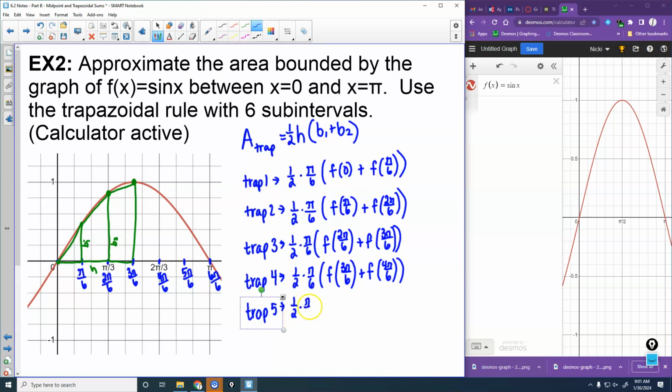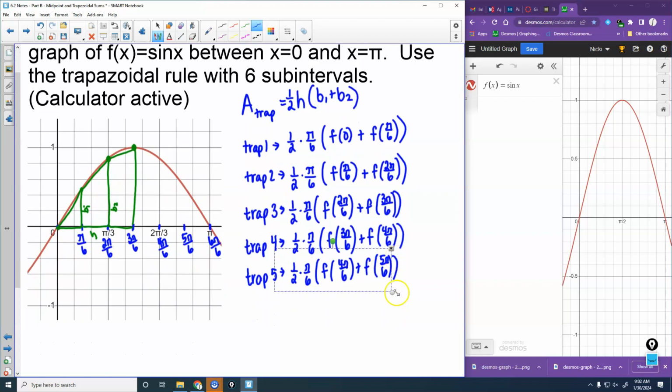1/2 times pi over 6, f of 4 pi over 6 plus f of 5 pi over 6. And then our last trapezoid would be 1/2 pi over 6, f of 5 pi over 6 plus f of 6 pi over 6.